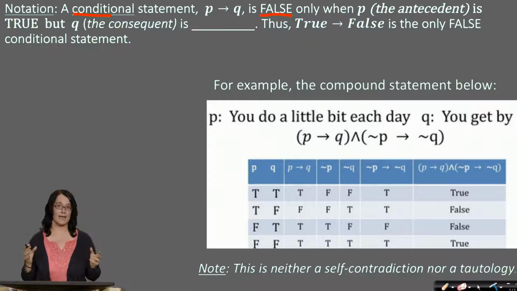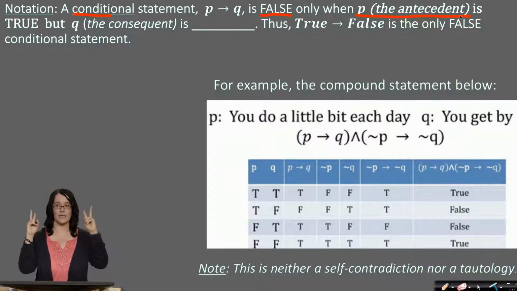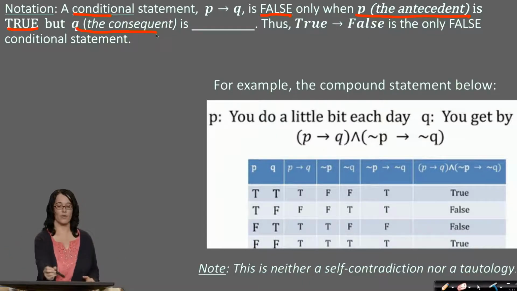Well, there is one case where that is not true. And that would be the case where you did your best in the class, but then you didn't actually pass, right? So the condition was met, but the expectation wasn't delivered. In that case, the if-then statement is false. And that's what we're writing here. We're saying that if the P, the antecedent or the condition, was met or was true, but the consequent Q, or the expectation, was not delivered, was false, then that would be a lie, right?